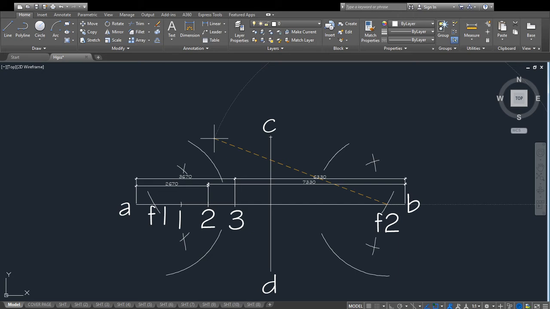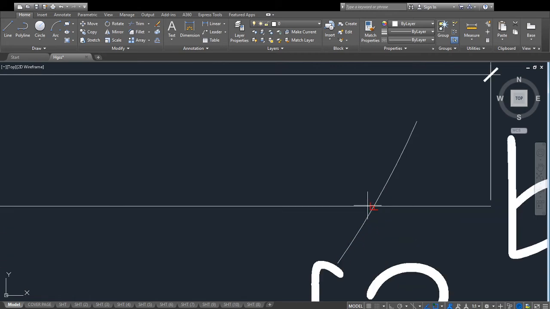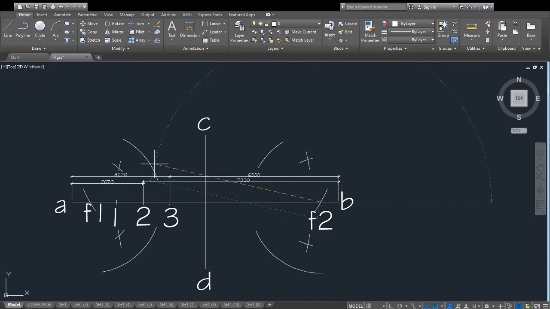B2 is 7330. We make F2 as center now, and radius of 7330. We draw this arc.